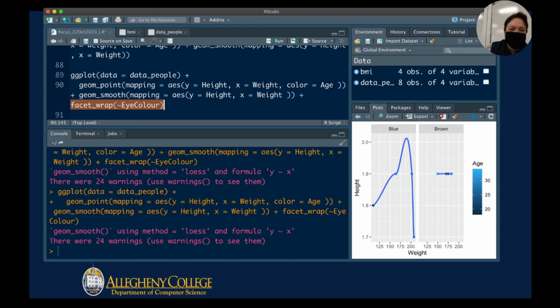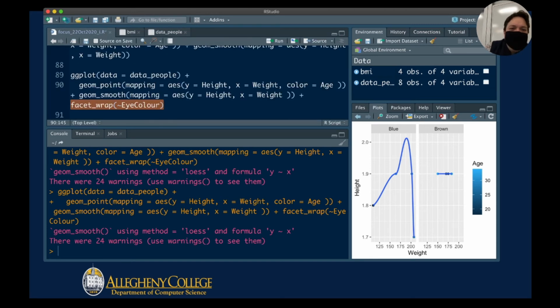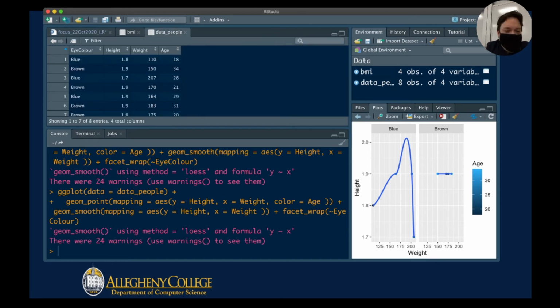If I'm looking at this data people set here, you can see that eye color is basically a binary variable. It's either blue or brown, nothing else. So you can break the data down by these two markers, either brown or blue.